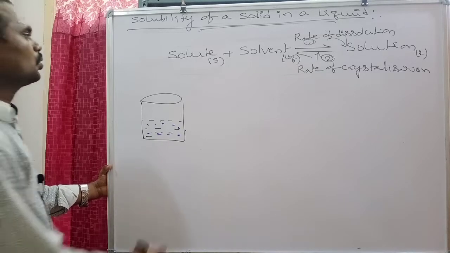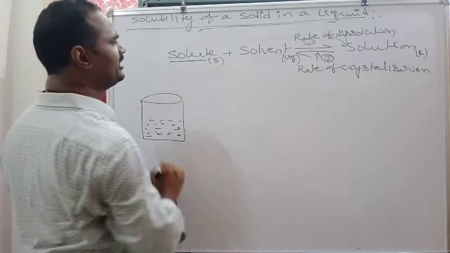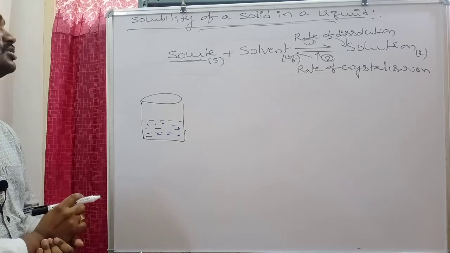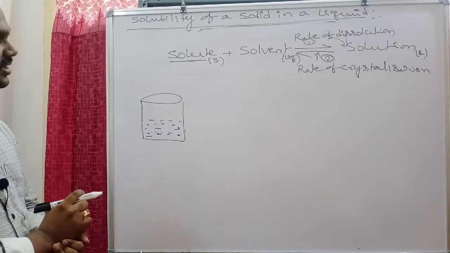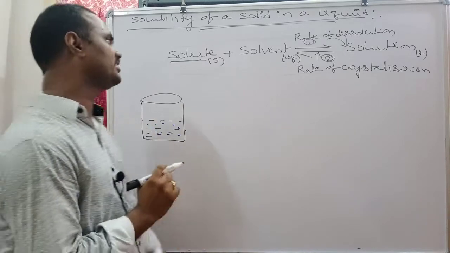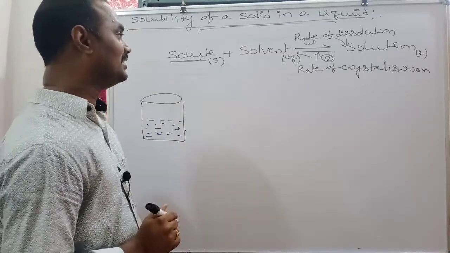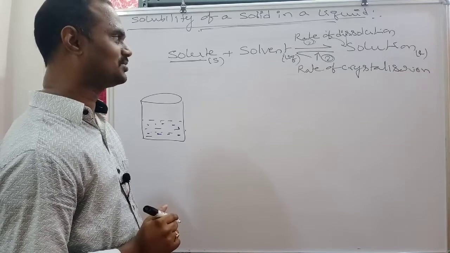Carefully see, the solution in which the maximum quantity of solute is dissolved, we call a saturated solution. If only some quantity of solute is dissolved in the solvent, we call it an unsaturated solution.